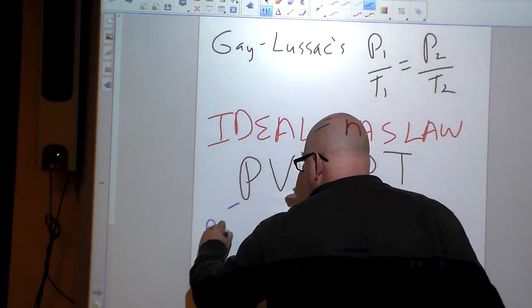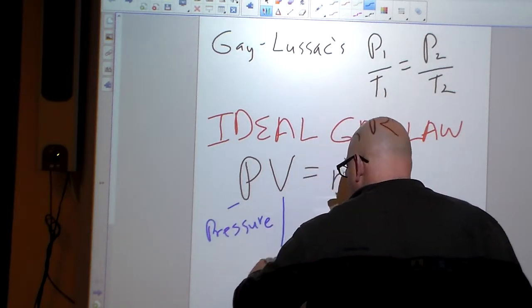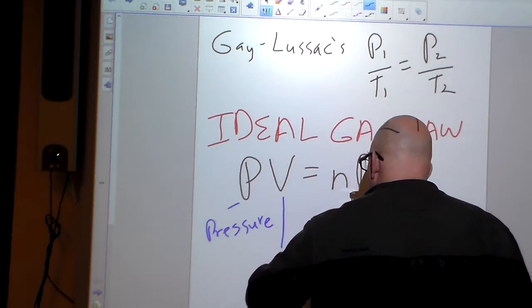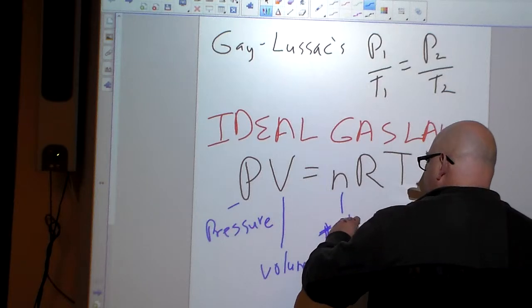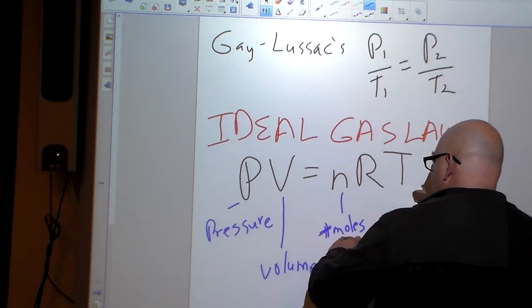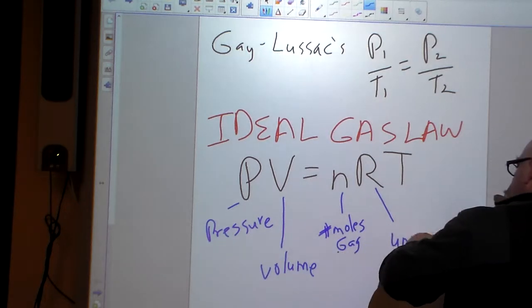Well, we have pressure. We have volume. Here, n is the number of moles of gas. R is the universal constant.